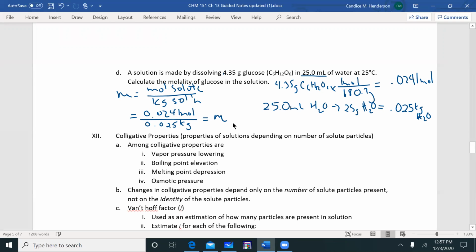Work this out in your calculator. You should end up with a molality equal to 0.966 m. And we have 3 sig figs everywhere, so honoring 3 sig figs.